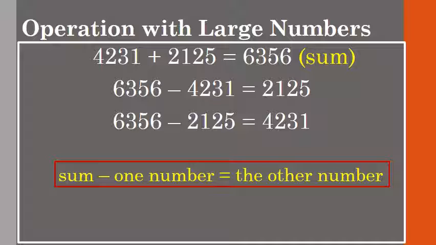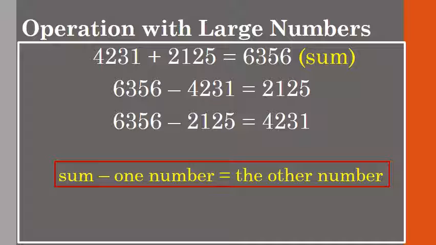Now children, if any one number is given and the sum is given, then how do we find the other number? Let us see. Suppose the first number 4231 is given, how will we get the second number? We get the second number by subtracting the first number from the sum of the two numbers, that is 6356.